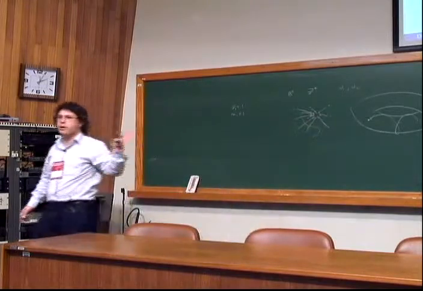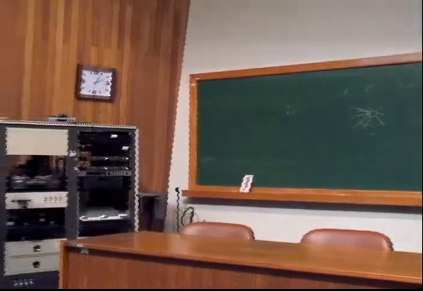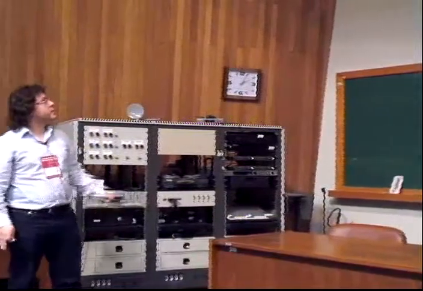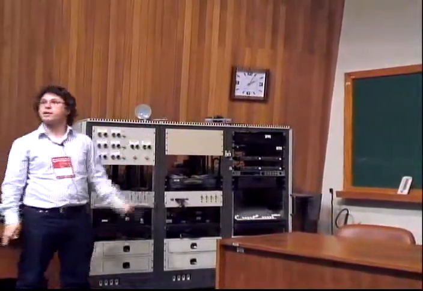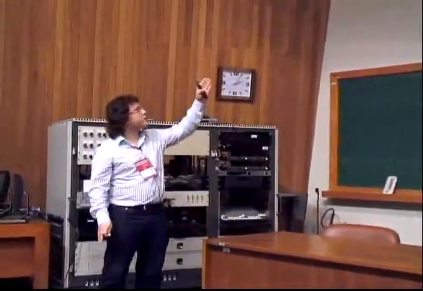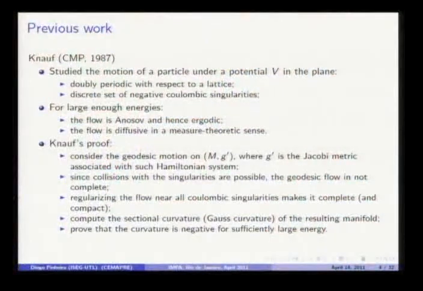In our case, we consider both the attractive and repulsive case, and we have the magnetic field. He proves that this flow is Anosov for sufficiently large energies and ergodic, and moreover, he proves that the flow is diffusive in a measure-theoretic sense.